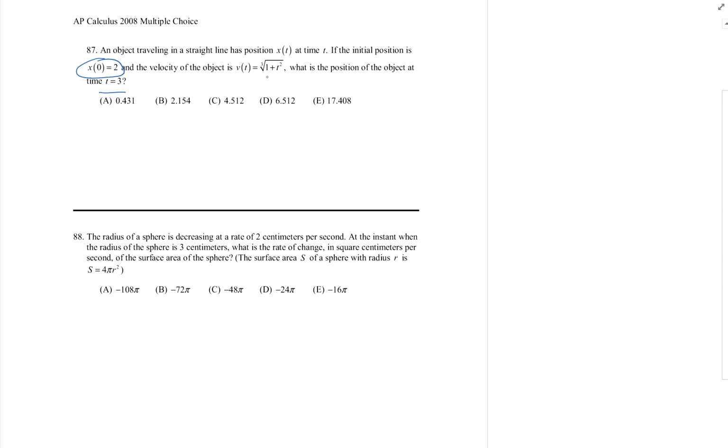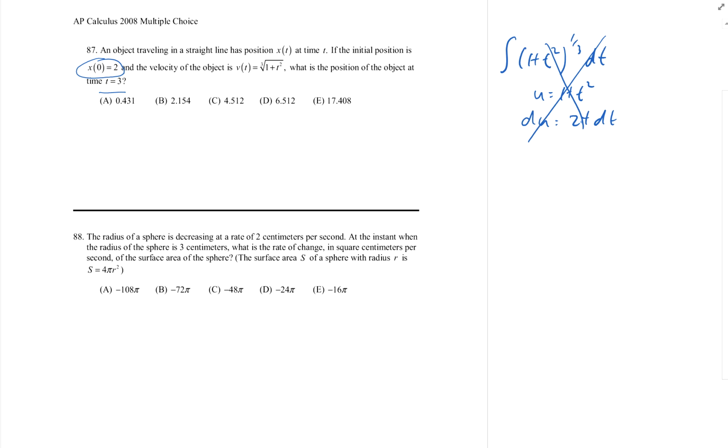But we can't take the integral of (1 plus t squared) to the 1/3 power dt. If I let u equal 1 plus t squared, du is 2t dt, and I don't have any t's to put in, and I can't take out a t, so that doesn't work.